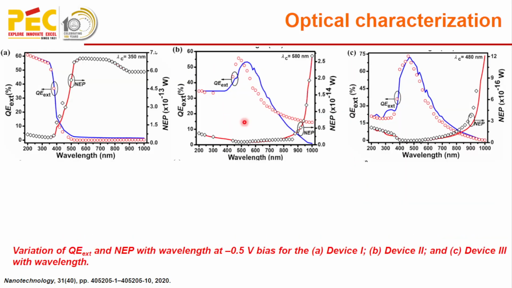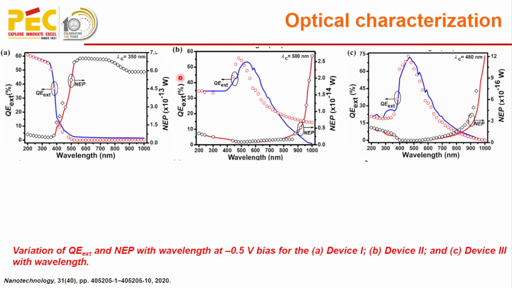In the optical characterization, I plotted the external quantum efficiency and noise equivalent power. Quantum efficiency is the wavelength dependent gain of the photodetector, and it was found that after the center wavelength, which is 350 for device 1, 580 for device 2 and 480 for device 3, the quantum efficiency decreases due to more recombination with the wavelength.